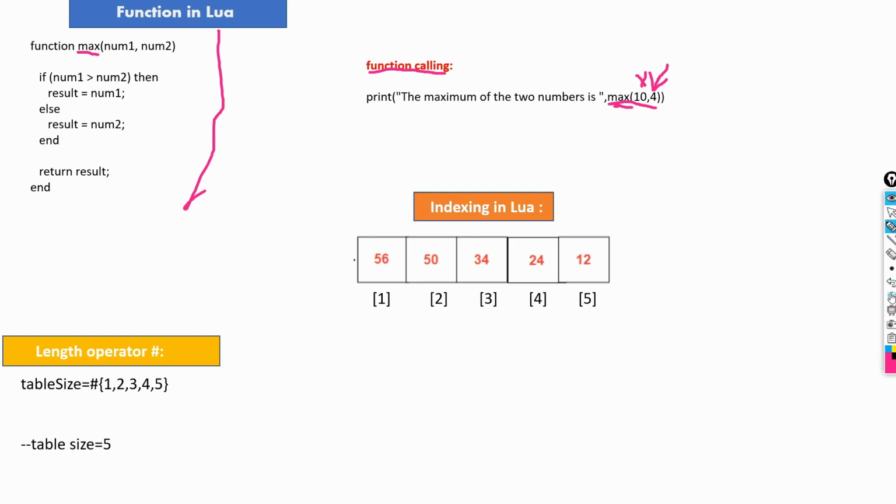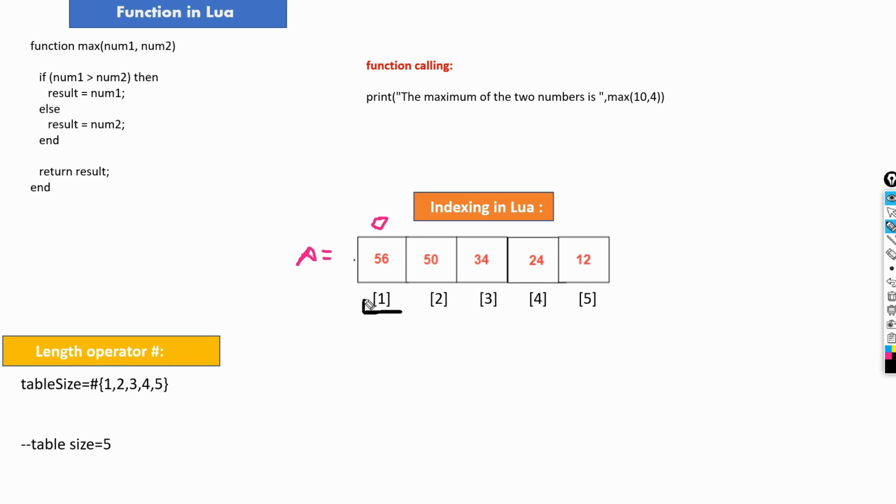Now one more important thing that you should understand, which is neither in Python nor in C++: the indexing. Supposing this is an array. If you see the indexing in Python, it starts from 0. In the same way, in C++ it starts from 0. But over here, you can see this indexing starts from 1.